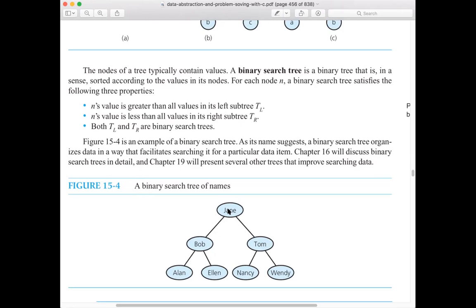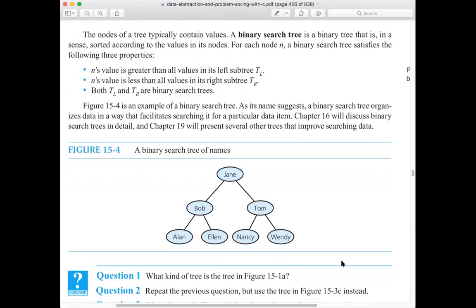Since the root is Jane, I can immediately ignore everything in Jane's left subtree and just look in Jane's right subtree for the name Peter. And then so on, right? I get to the name Tom. I realize that Peter comes before Tom, so I can ignore everything in Tom's right subtree, and I know that Peter, if it's in the tree, is going to be somewhere in Tom's left subtree, and so on.